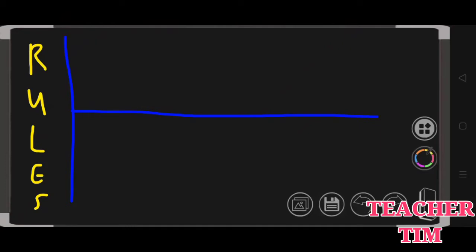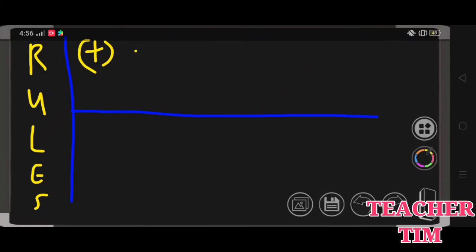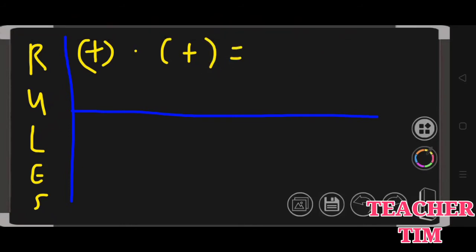Our first rule is when you multiply a positive number to another positive number, the answer is also positive. The small dot there represents multiplication. And when you multiply a negative number to another negative number, the answer is also positive.